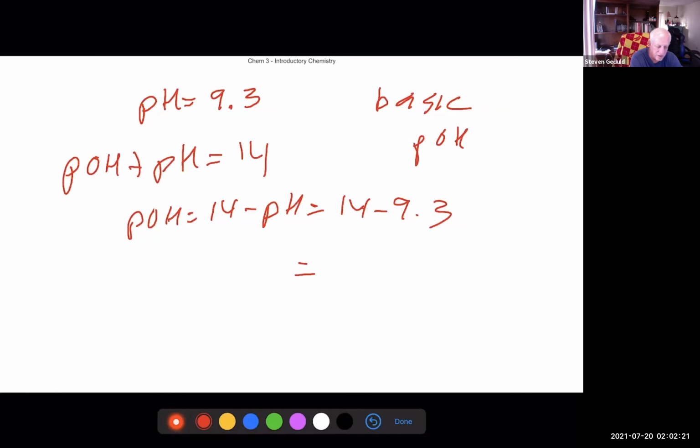So the pOH is, where are we at, 4.7. Okay. So you can solve the H plus concentration, you can solve the OH concentration, you can solve the pH and the pOH. If you know the pH is 9.3, you can go backwards and solve for the H plus concentration.